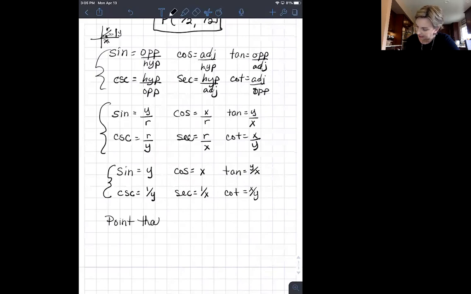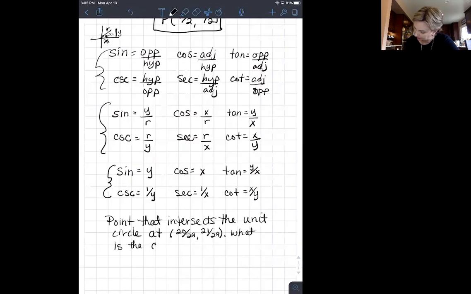Okay. If we're told that we have a point that intersects the unit circle at a certain point, let's say 20 over 29 and 21 over 29, what is the cotangent at that angle?